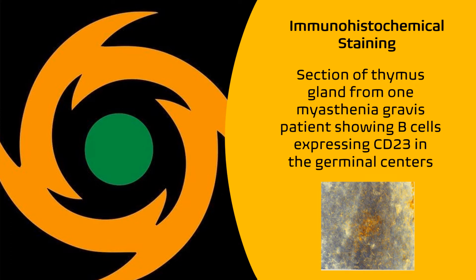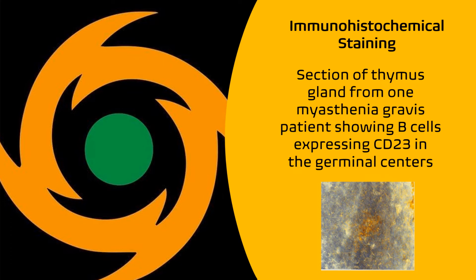In this slide, there's a section of thymus gland from one myasthenia gravis patient showing B cells expressing CD23 in germinal centers.